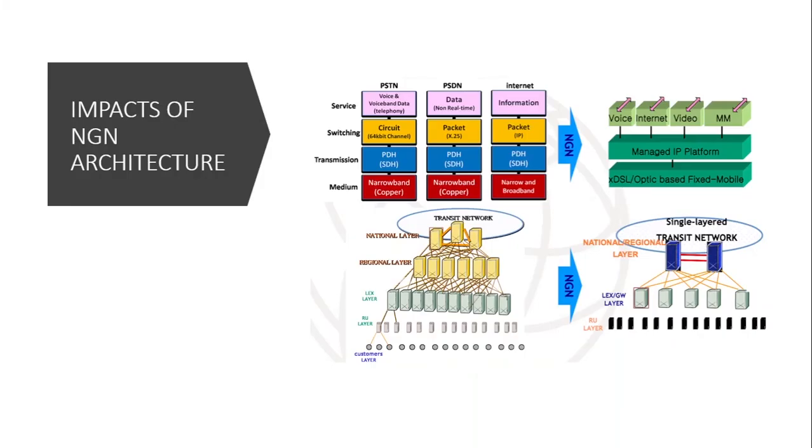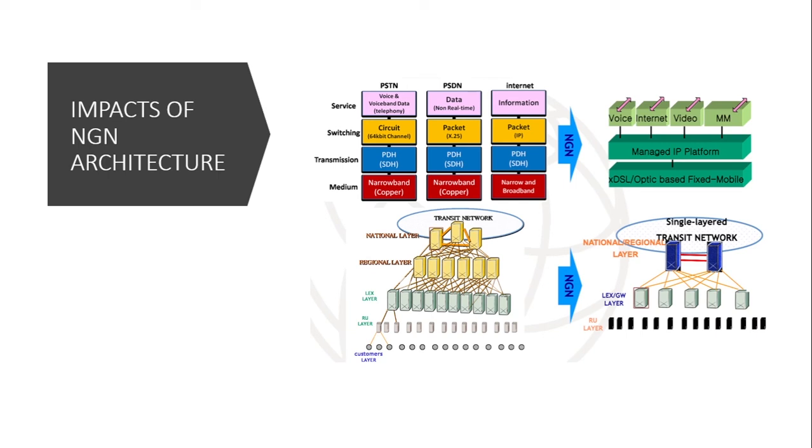These are the impacts of NGN architecture. As you can see, from the legacy network on the left, we have different blocks for different services. So PSTN and Internet have their own structure.